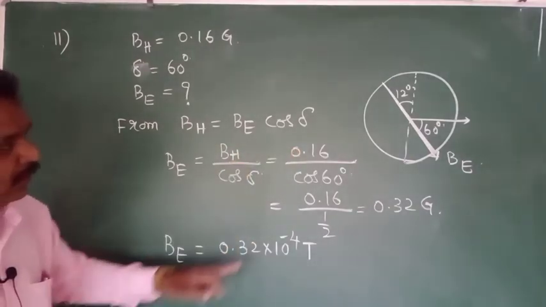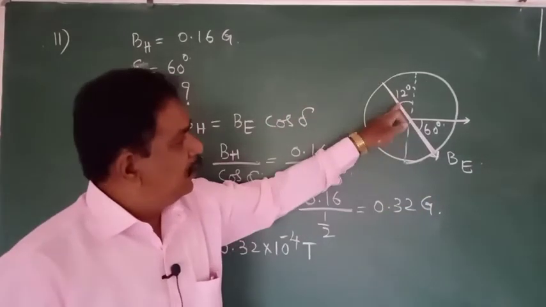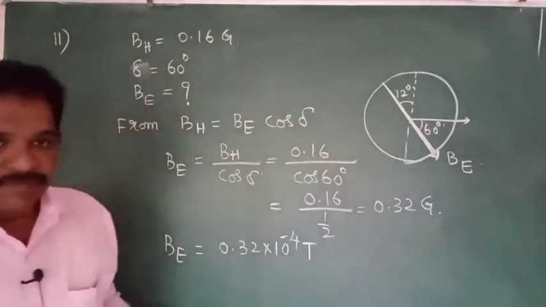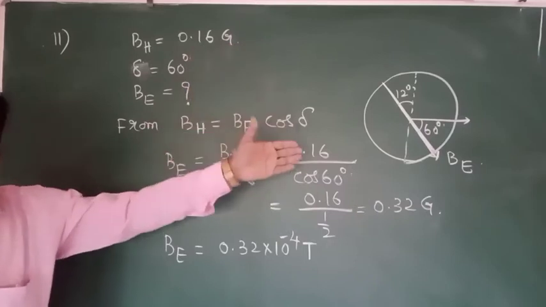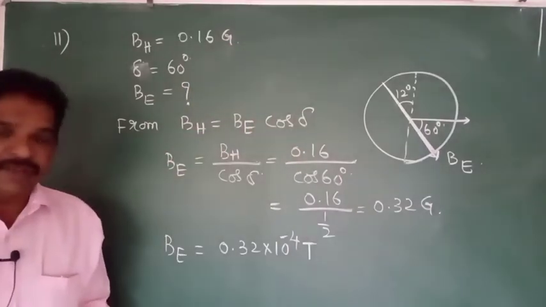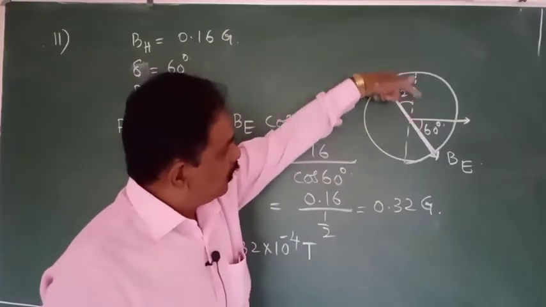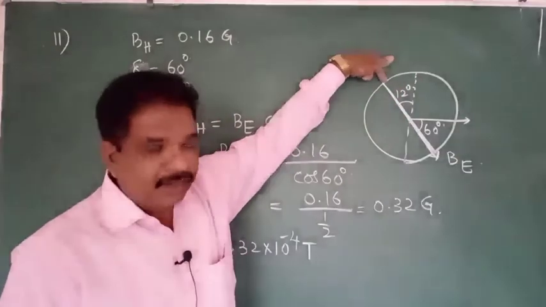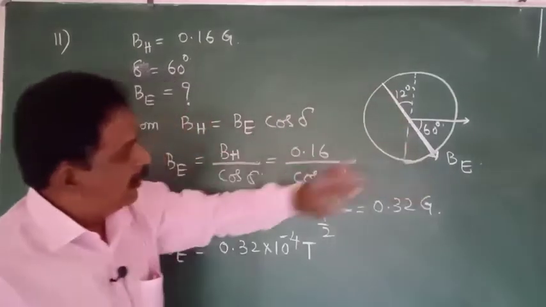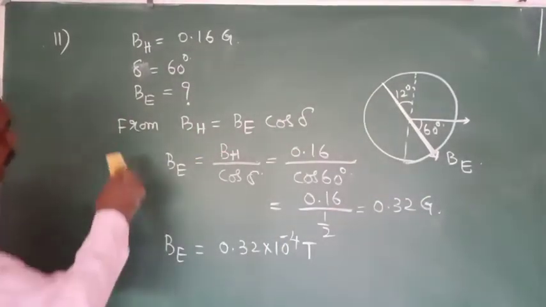The magnetic needle is making 12 degrees with the north, means with the geographic axis it is making 12 degrees. So, in the same direction only the magnetic field will be there.